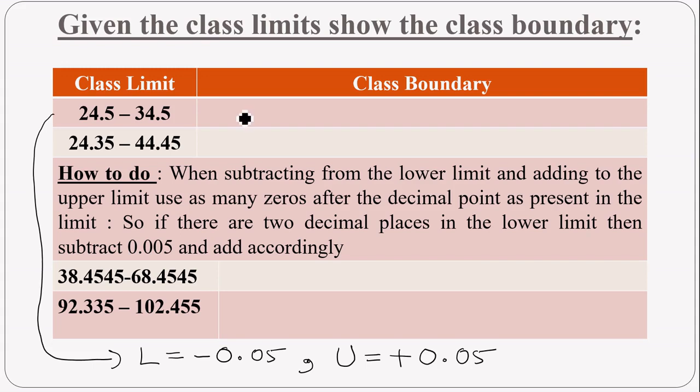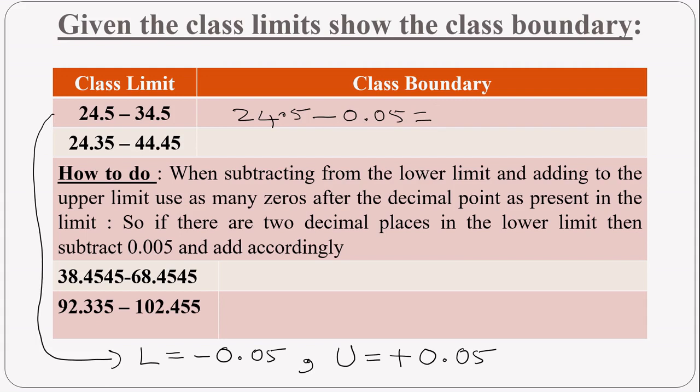Okay. Now, 24.5 minus 0.05. How much are we getting? We need to check with a calculator. Or students, you can open your calculator and check what is the answer.